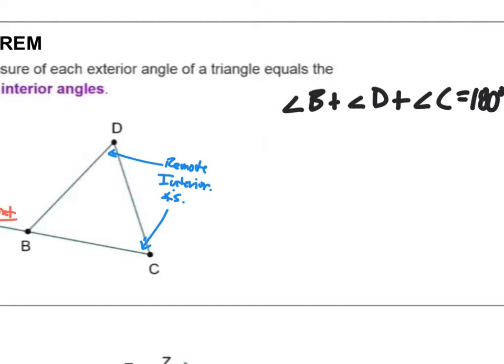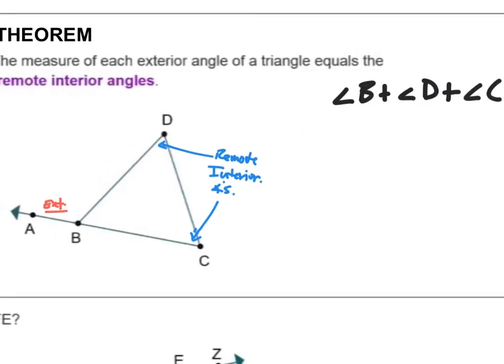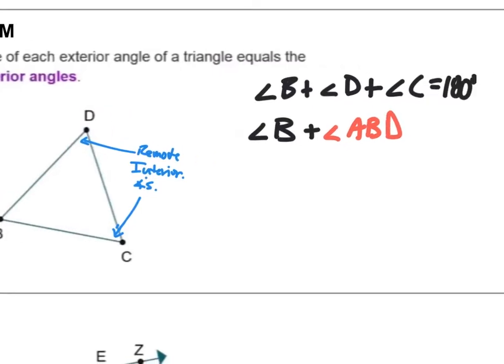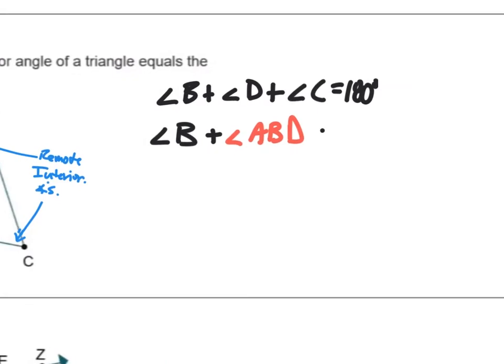The other thing is that if I take angle B, which is the interior angle, plus its exterior angle, which I'm going to call angle ABD, I know that these two angles form a linear pair, which means they add up to 180 degrees.